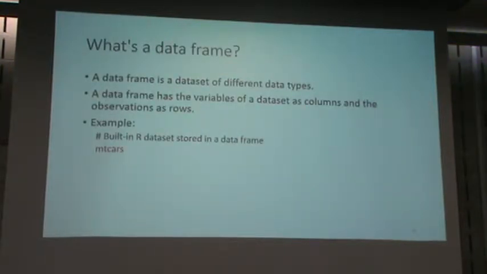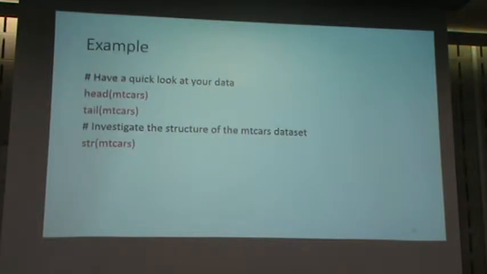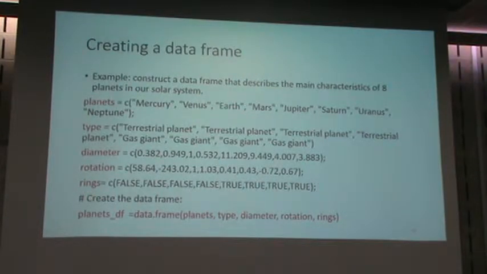Data frame lets you assign different data types, basically like a matrix. So this is an example of a data frame to create the data. So planets, Mercury to Neptune. The c concatenates; there is a type of planet, and this is the diameter, and this is the rotation for each, and the rings, whether they have rings or not: Mercury, no; Saturn, yes, something like that.